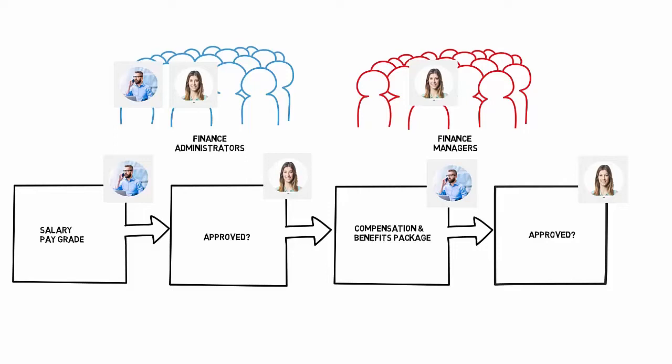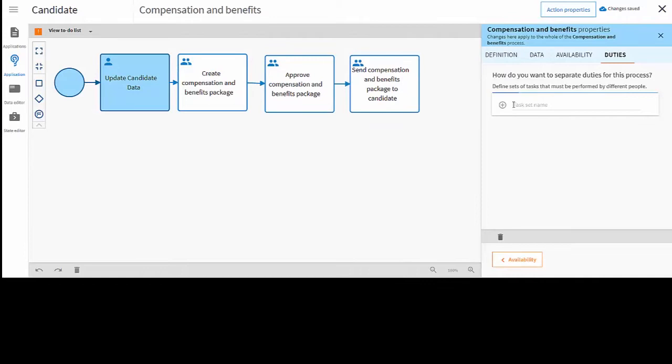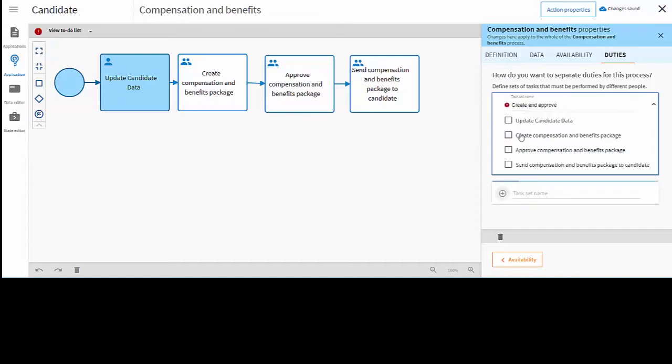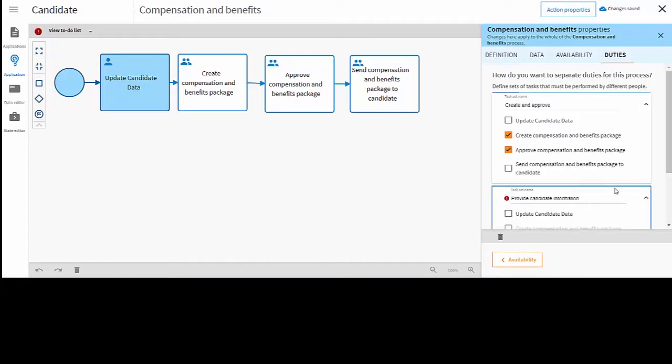A separation of duties set specifies a set of tasks that cannot be performed by the same person when the action is performed. To define a separation of duties set, Vicky provides a name for each set of tasks that need to be performed by different users. Then she specifies the tasks that are included in that duties set. Vicky can define as many sets as she likes.